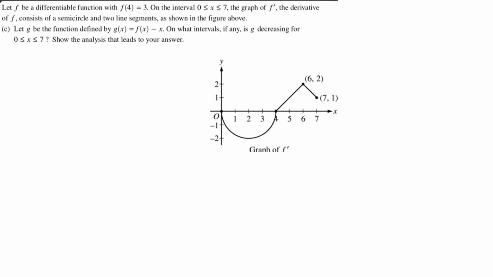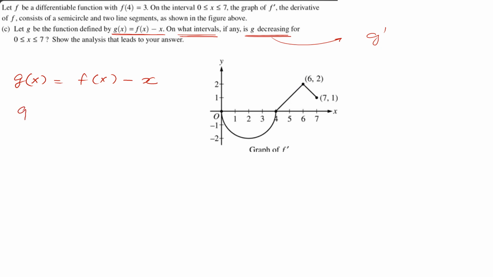Part C says let g be the function defined by g of x equals f of x minus x. On what intervals, if any, is g decreasing for 0 to 7? Show the analysis that leads to your answer. Let's understand what they are saying. They are asking on what intervals g is decreasing. Whenever we talk about decreasing or increasing, we have to take the derivative of the function.